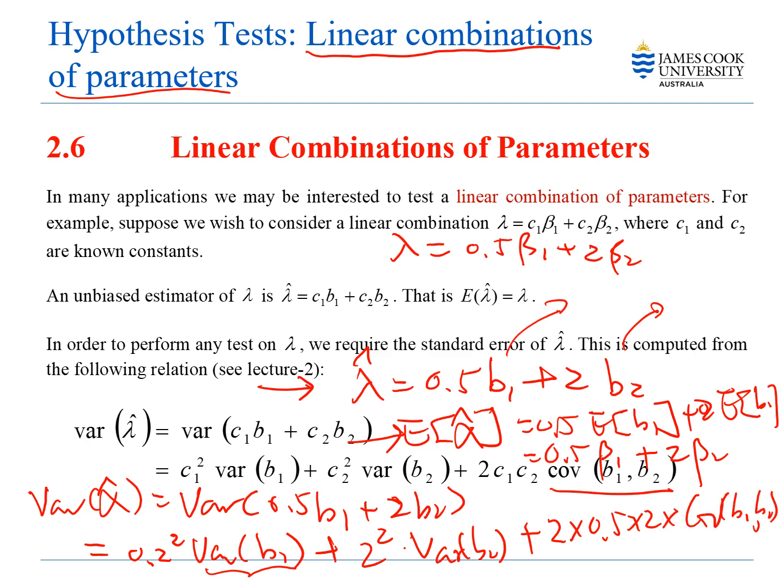Again, we can estimate these from our OLS regression, then calculate this. Similarly to hypothesis testing of one parameter, we now combine these two parameters into one parameter, lambda, and we can do the t-test in the same way.